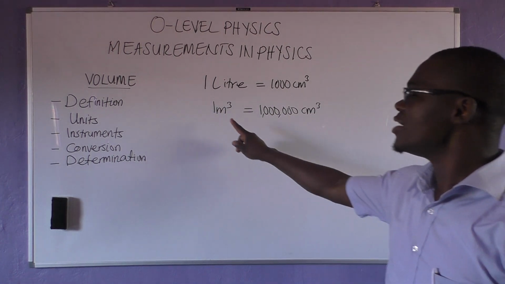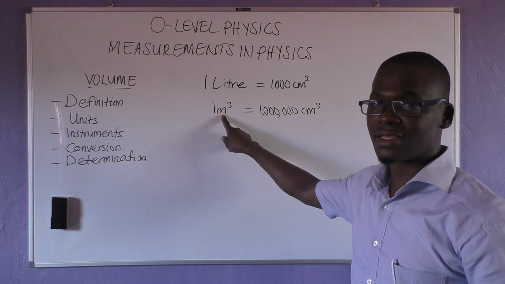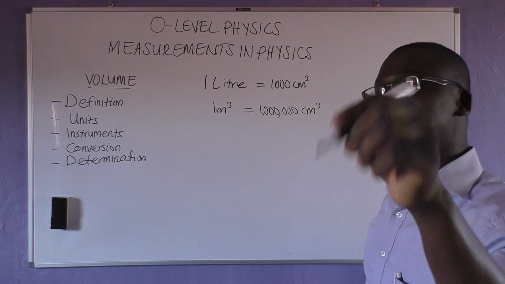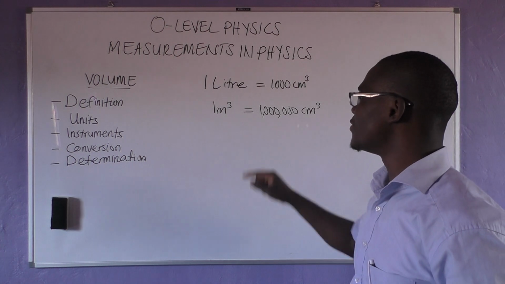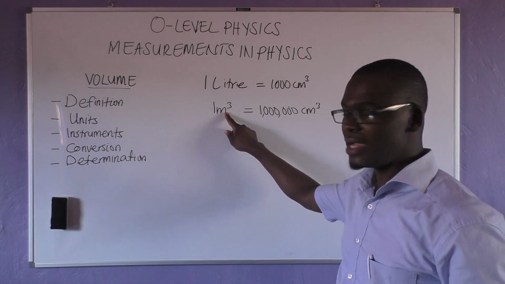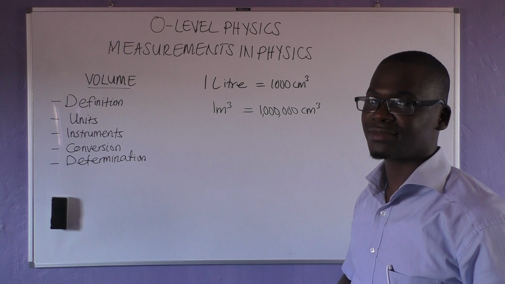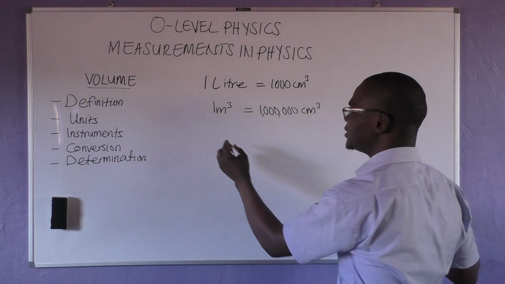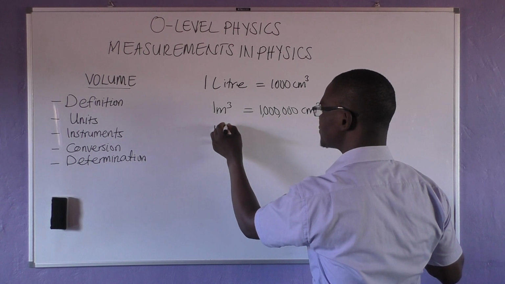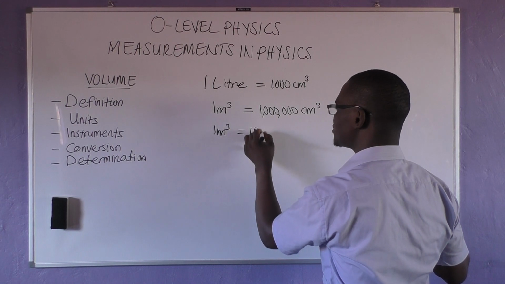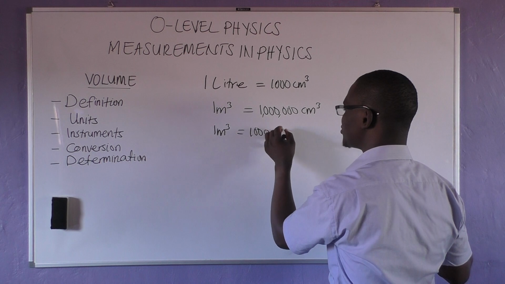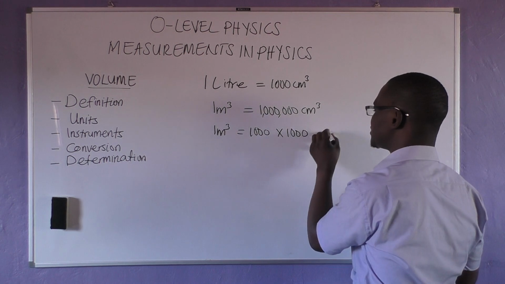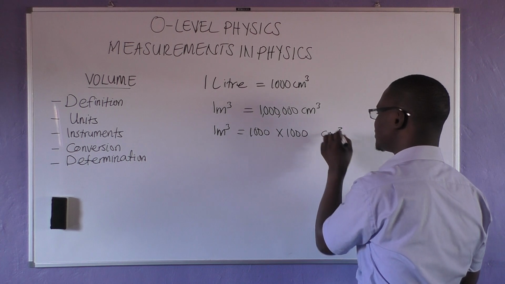So since 1 cubic meter is equal to 1 million cubic centimeters, then what's the equivalence of 1 cubic meter in terms of liters? This is the same as saying that 1 meter cubed is the same as 1,000 times 1,000. This is in centimeter cubed.